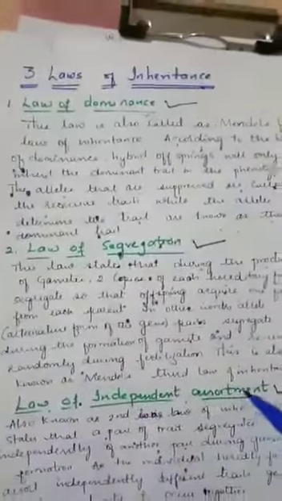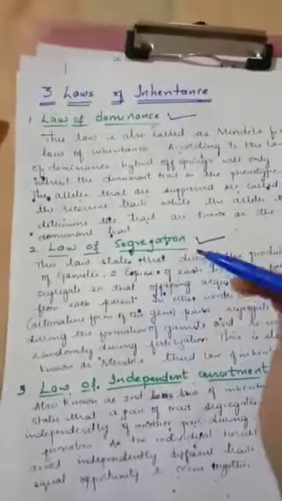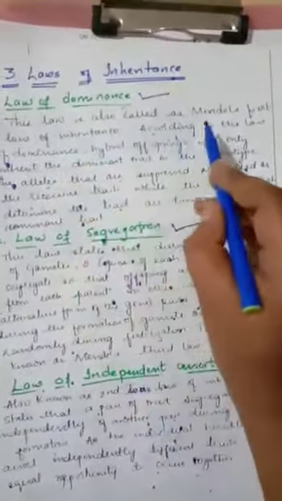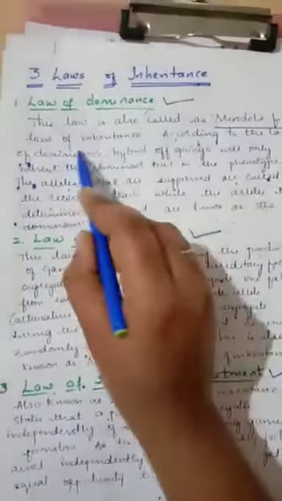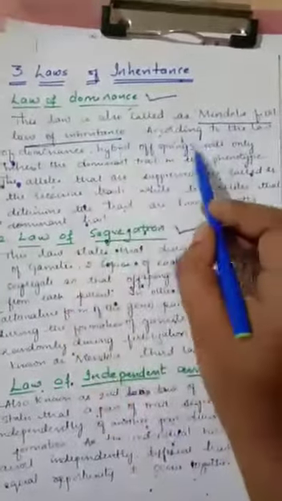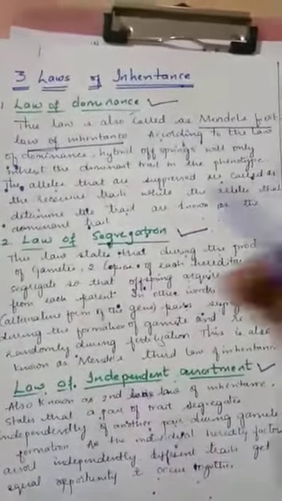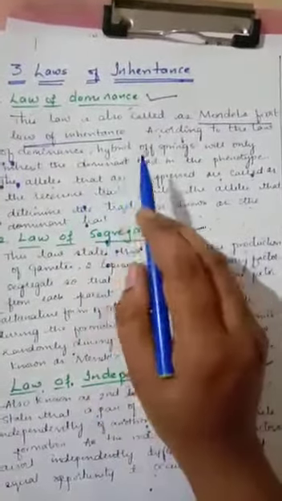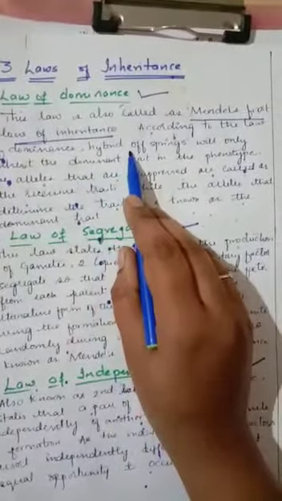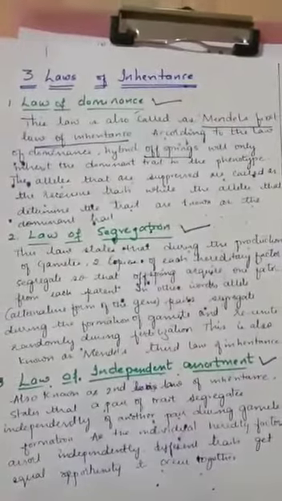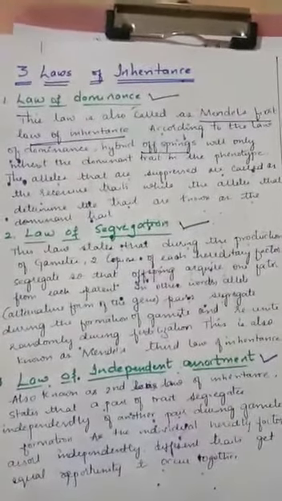So there are totally 3 laws of inheritance. The first law is also called Mendel's first law of inheritance. According to the law of dominance, hybrid offspring, the offspring we got in the F1 generation, will only inherit the dominant trait.